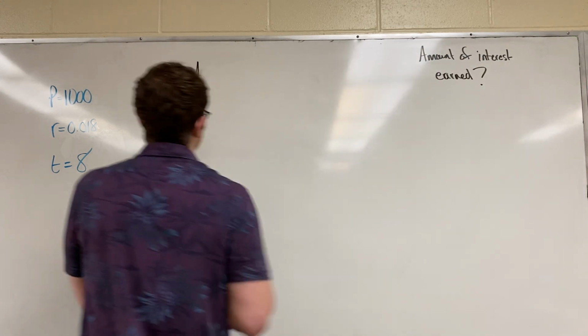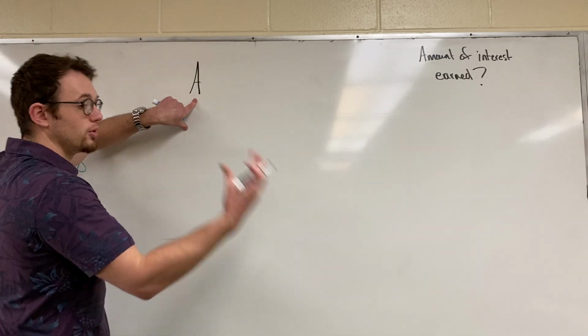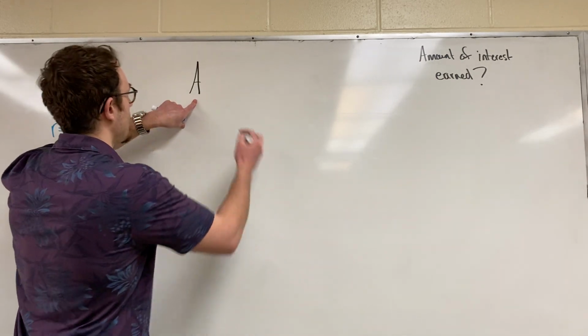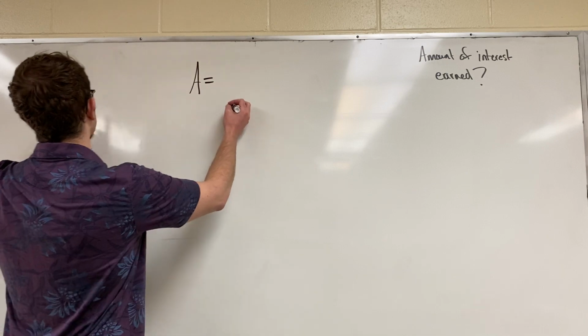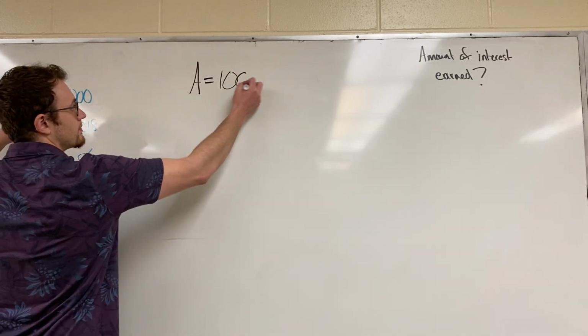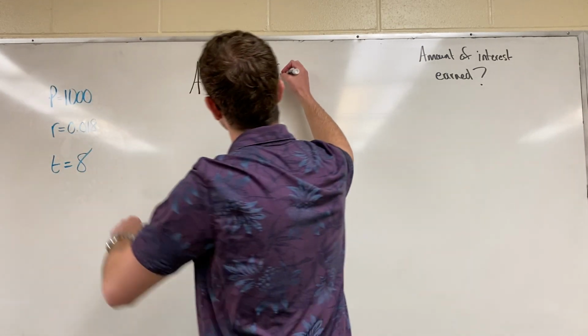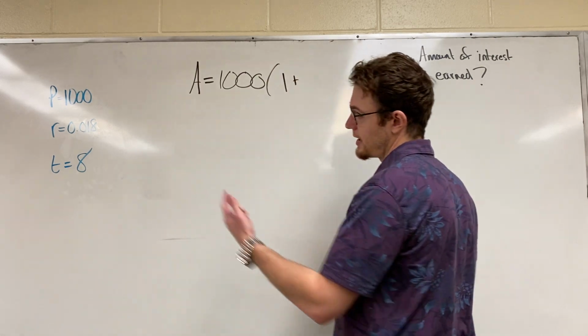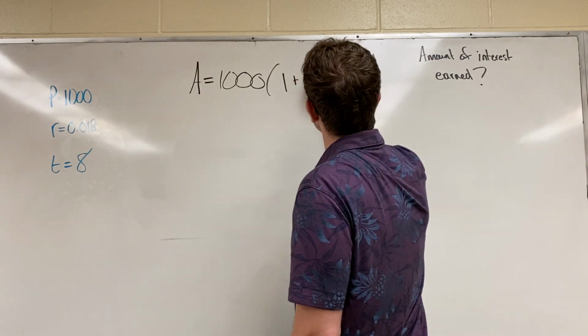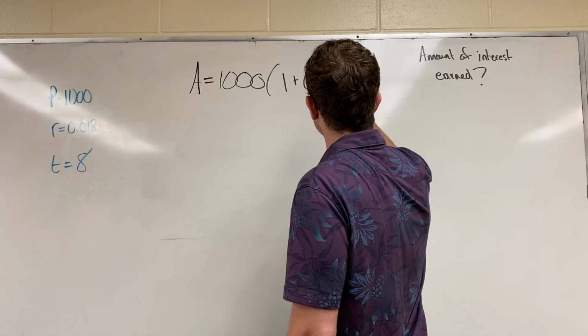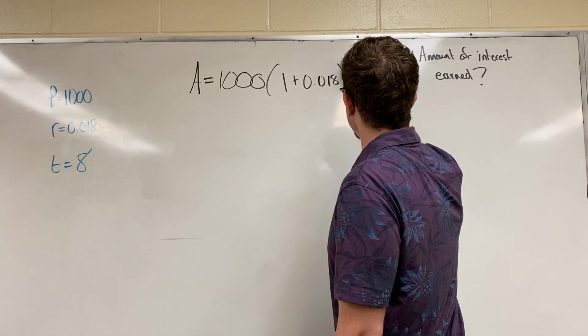All right. So A, our total amount of money, how much money will be in that bank after 8 years. We start with 1,000. Then we got 1 plus, because it's the savings account, we're earning money, so we're adding 0.018 over 8 years.